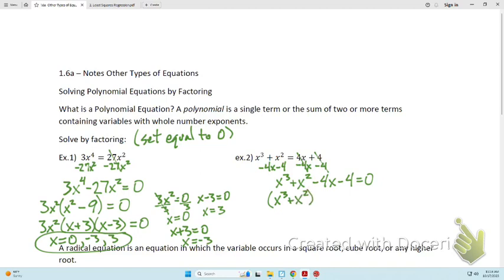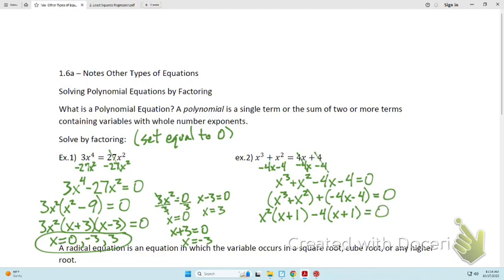I should have started higher. I'm going to run out of room. And you take out a GCF from each group. So the GCF in that first parentheses is x squared, and you have an x plus 1 left. The GCF in the next parenthesis is -4, and you have x plus 1 left.